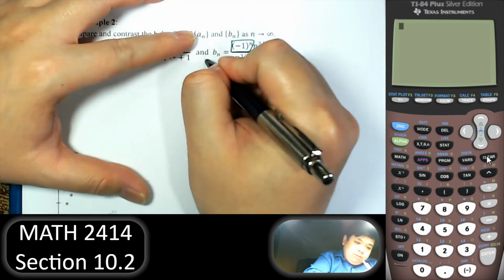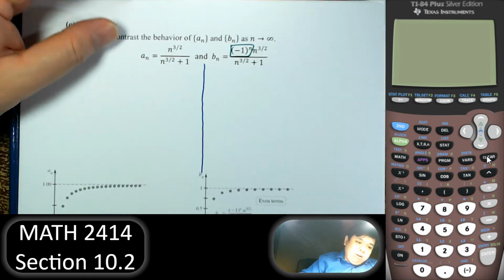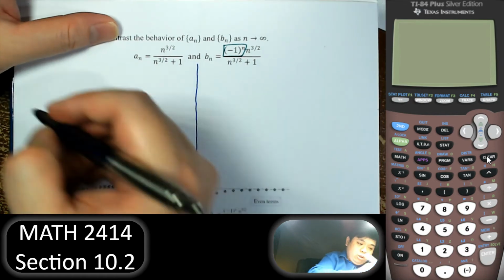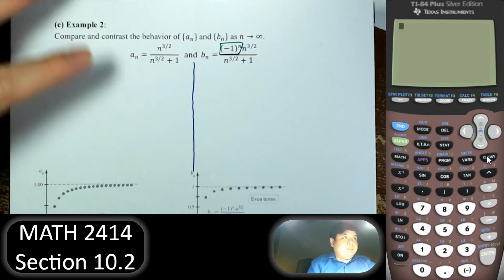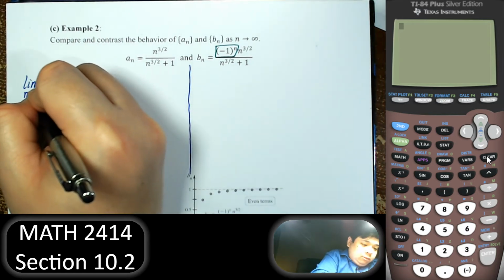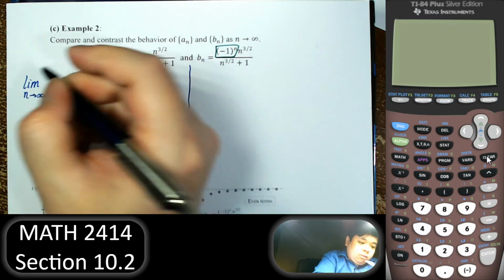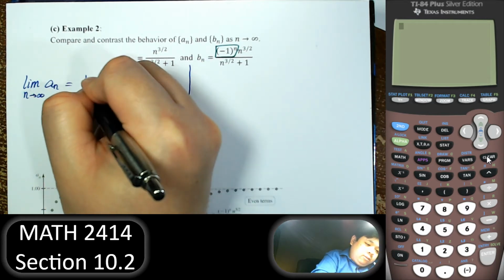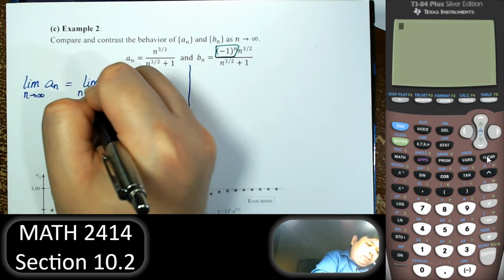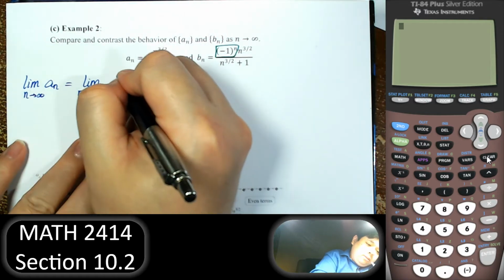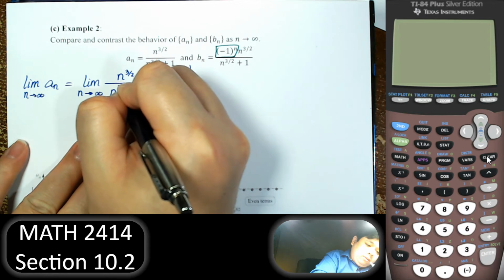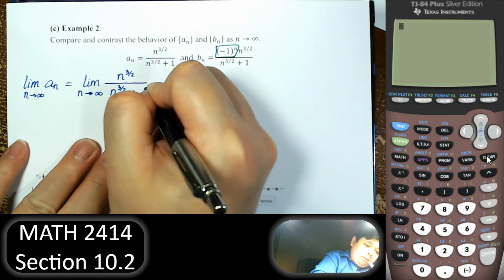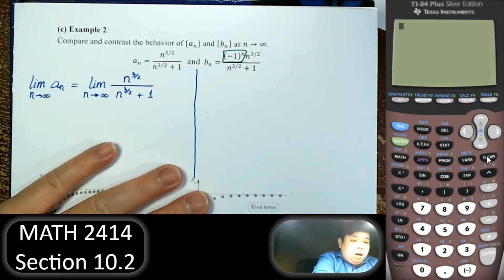So I'm going to find both limits of a sub n and b sub n as n goes to infinity.